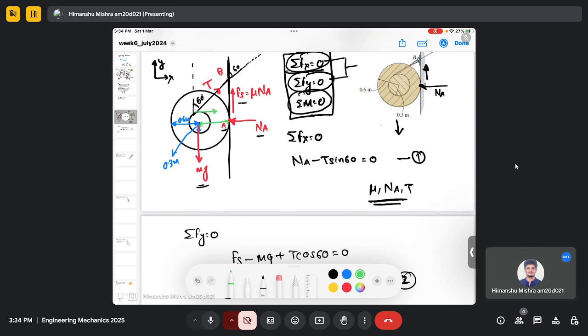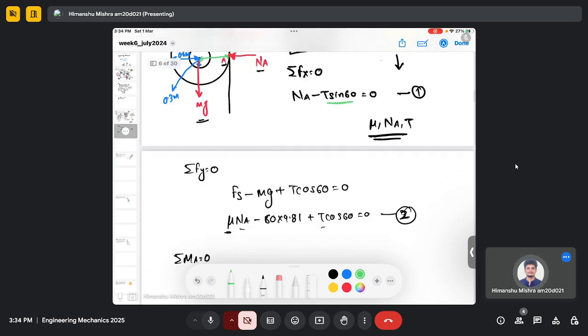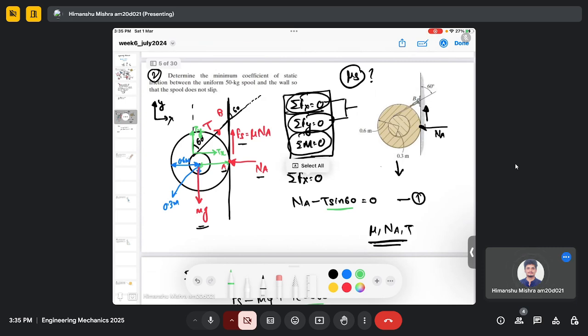This is my Tx and this is my Ty. I am writing the components of the tension force. Tx is T sin 60 and Ty is T cos 60. You can see both can create a moment about point A, because for Tx this will be my perpendicular distance, and for Ty this will be my perpendicular distance. You can see both are non-zero.